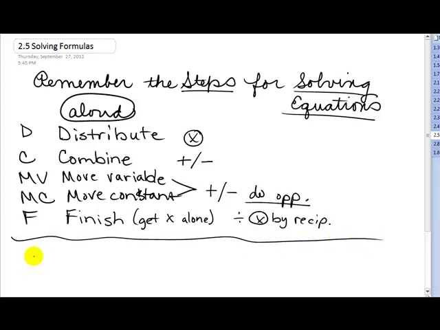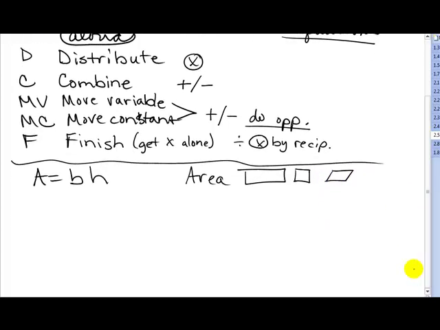Alright, let's look at it with formulas. We've got A equals B times H, and you'll probably recognize this as area of a rectangle or a square or even a parallelogram. We are given some information.